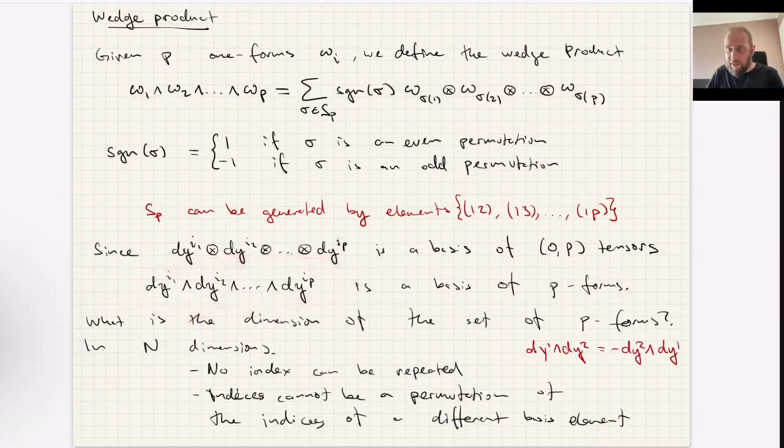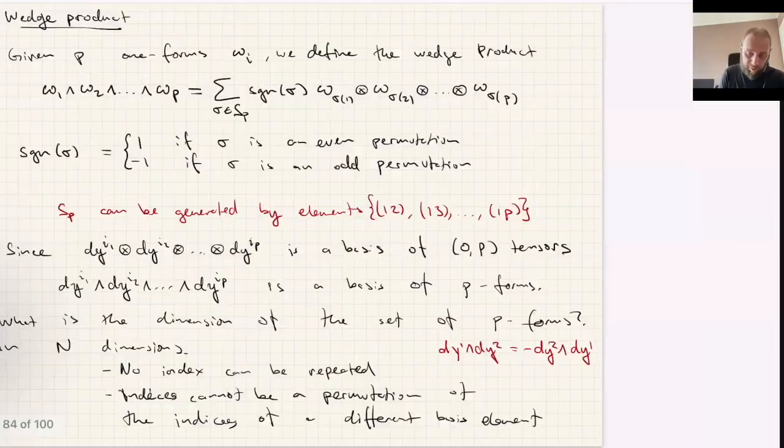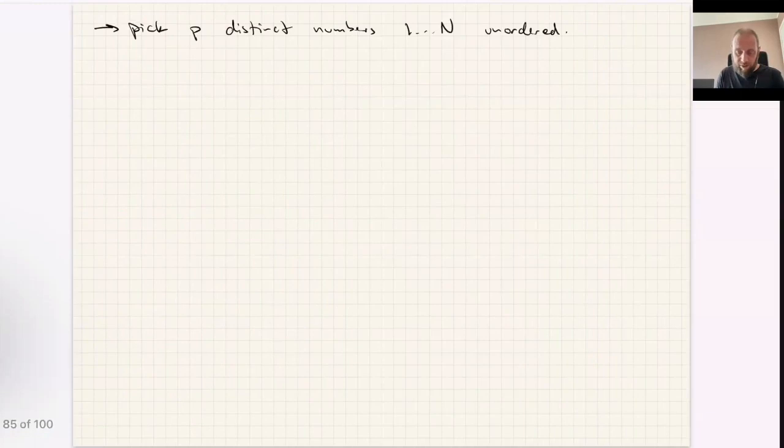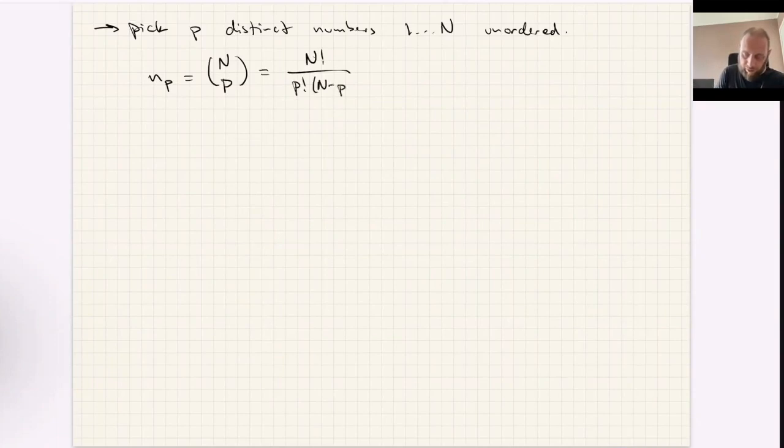And then we will have a basis for our p-forms. If we call the number of dimensions of the p-forms n_p, there are n choose p different ways of doing that. That's choosing p elements out of n in an unordered way. And that's, as you're probably familiar with, n factorial divided by p factorial times (n minus p) factorial.